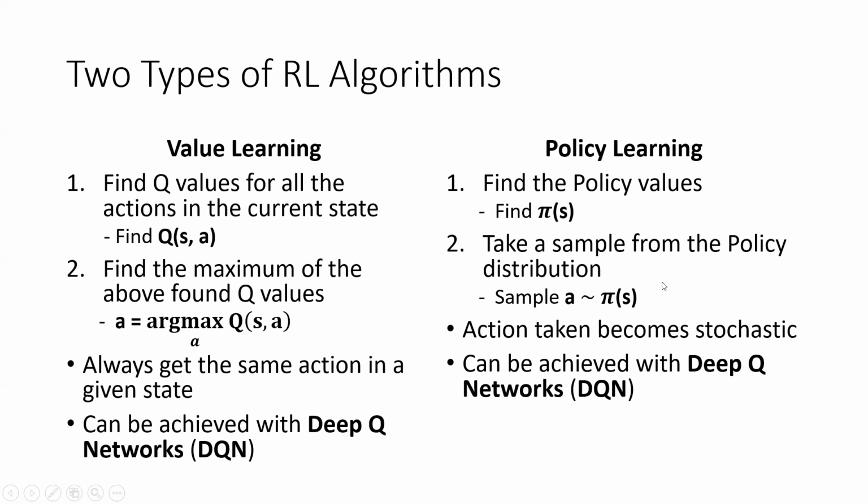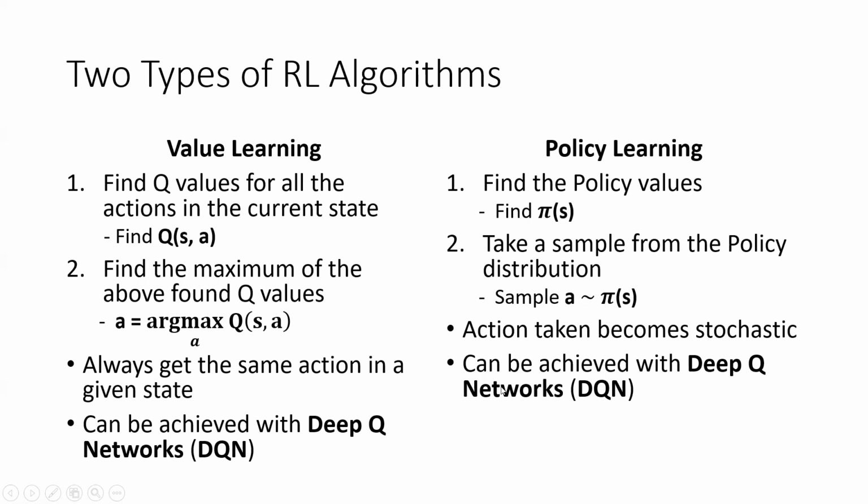In policy learning, you can sample from this probability distribution, which is the policy function for this particular state, and this becomes a stochastic process, right? You can't exactly say what action I should take in that particular state, because this is a probability distribution.